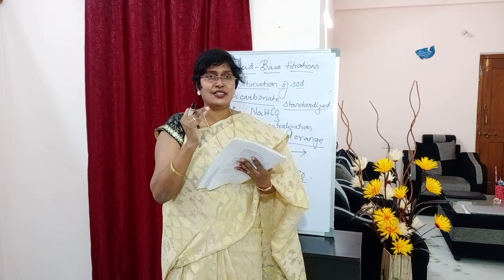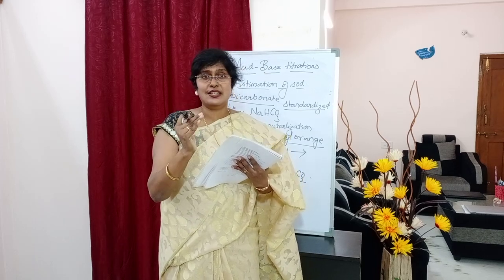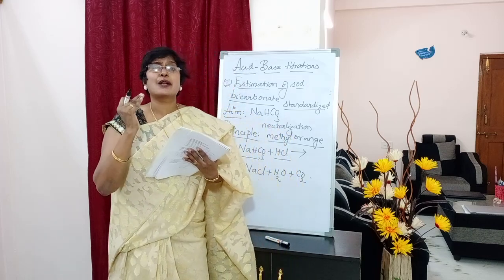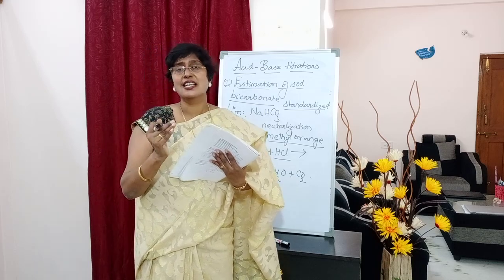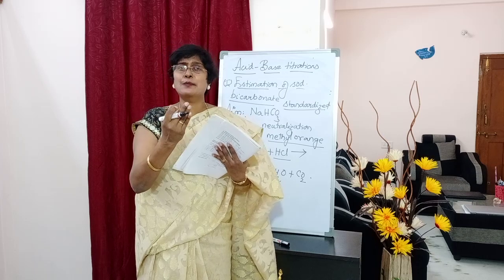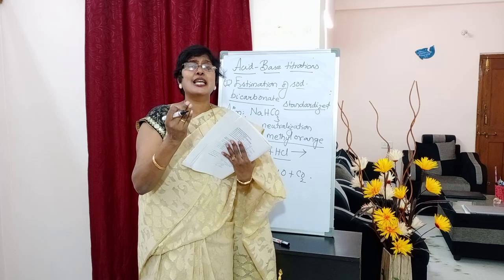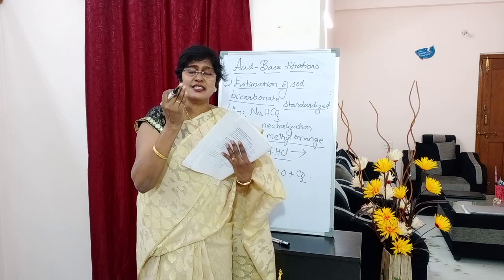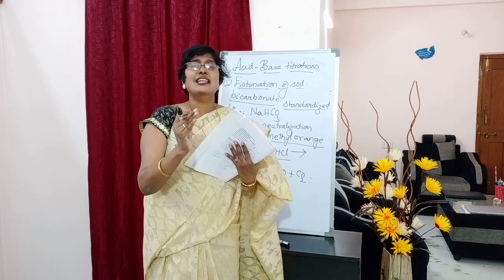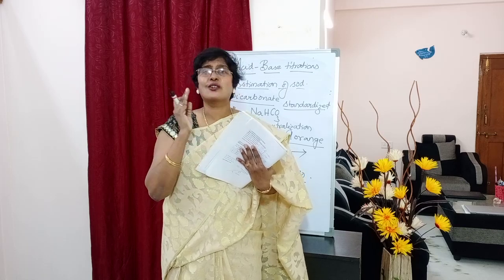So what is the experiment? Estimation of NaHCO3. But for that we are using standard Na2CO3. What is this standard Na2CO3 students? This is called a primary standard substance. There are two types of standard substance, primary and secondary. What is the difference between primary standard and secondary standard? A primary standard substance is one whose concentration is known, and even after few days its concentration remains constant.